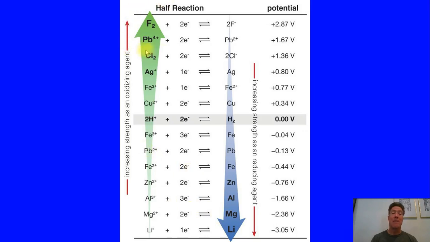It's like we would say a thief is very good at causing property loss, and it is very good at gaining that property for itself. So these strong reducers are also great oxidizers. They love to oxidize or cause these other atoms to lose electrons, which they themselves can take to reduce.